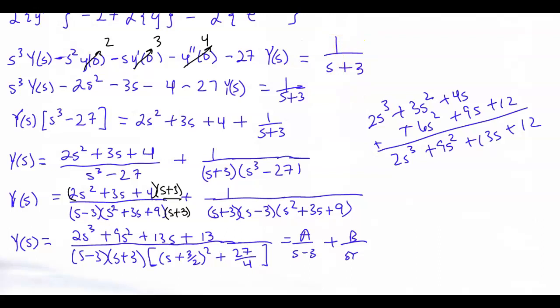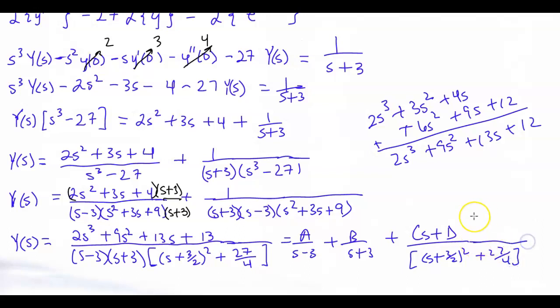And then, of course, that divided by, in this case, a linear expression, Cs plus D, over all this business here. And of course, we can use partial fraction expansion techniques to be able to figure out what this is, and what this is, and what this is.